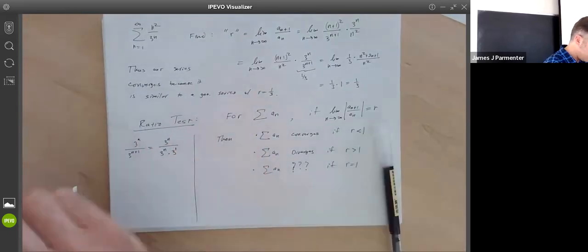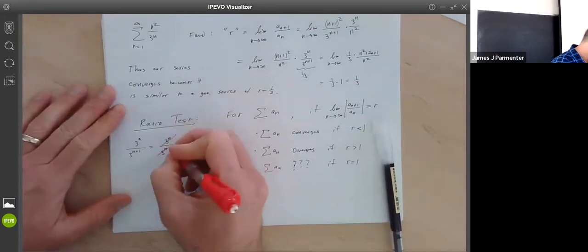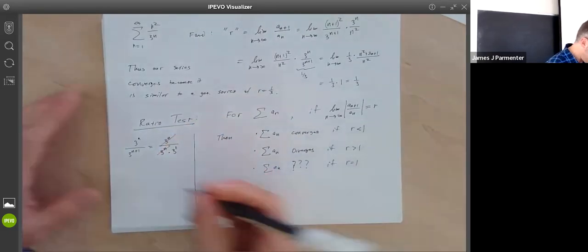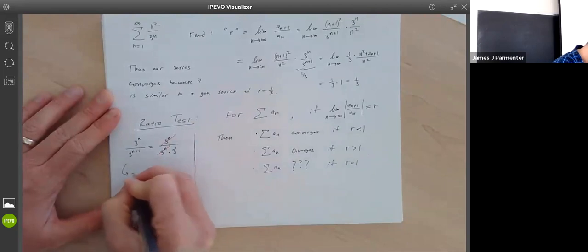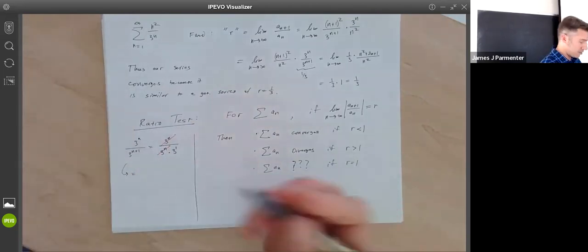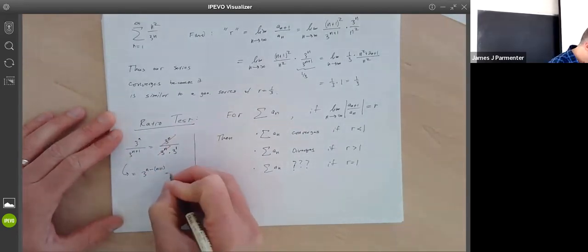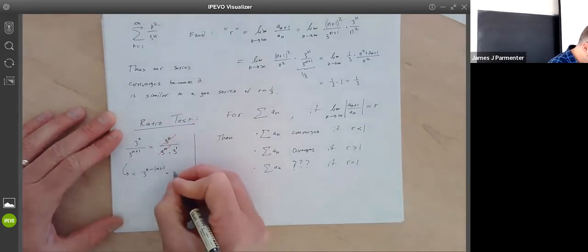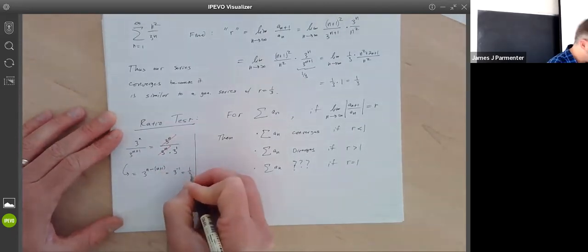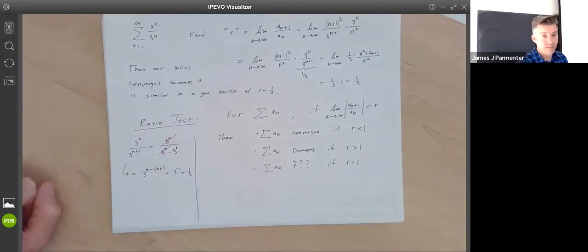And then you can cancel a 3 to the n and a 3 to the n. Or if you prefer, you can subtract the powers. This would be 3 to the n minus (n plus 1). Then n minus n is 0, and then a minus 1 would be 3 to the negative 1, which is 1/3. You're welcome.